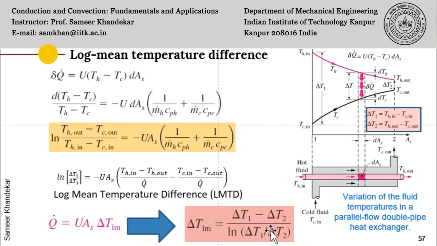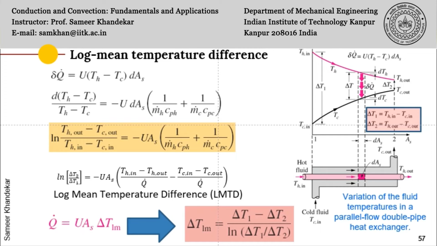To take care of the minus sign, we have just reversed the term inside the natural logarithm. So we have again derived the logarithmic mean temperature difference as a natural outcome of applying the energy equation and the transport equation to our parallel flow heat exchanger.